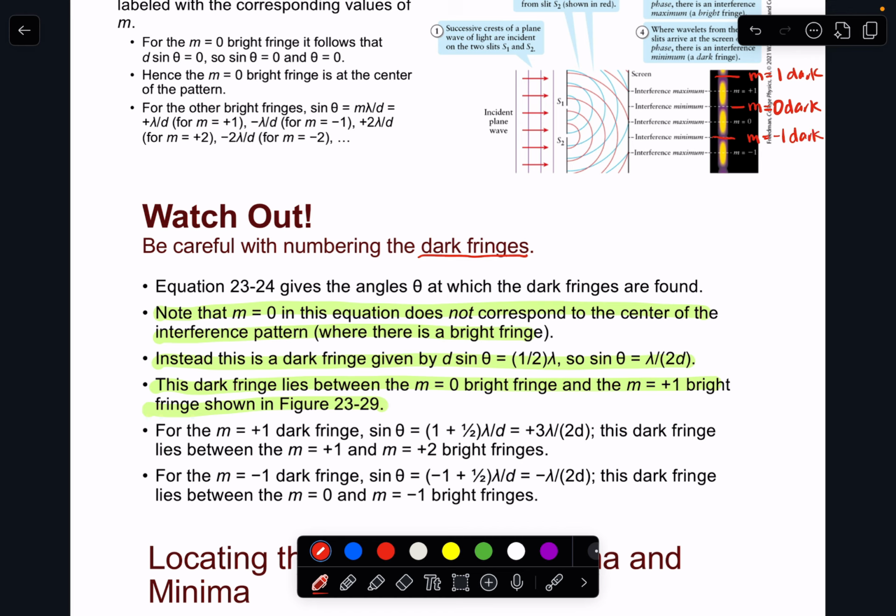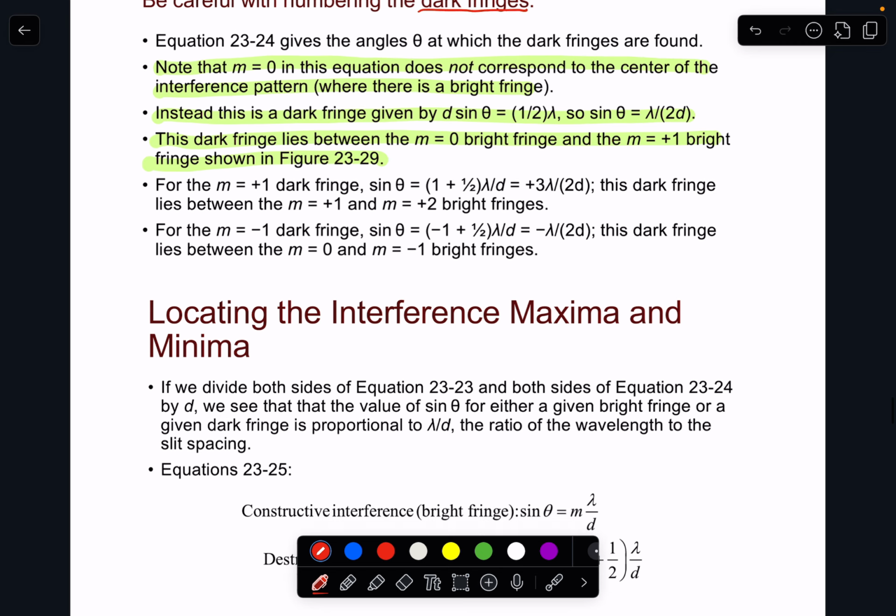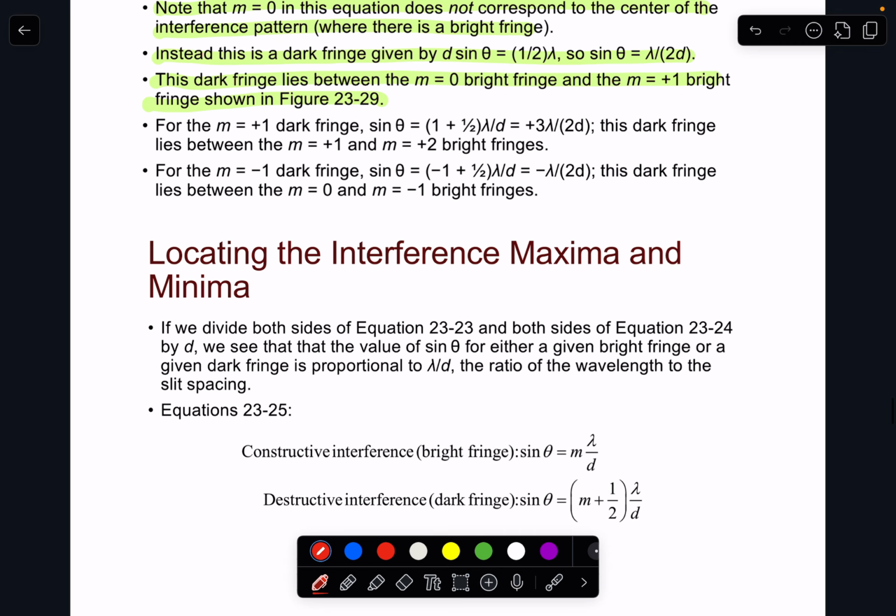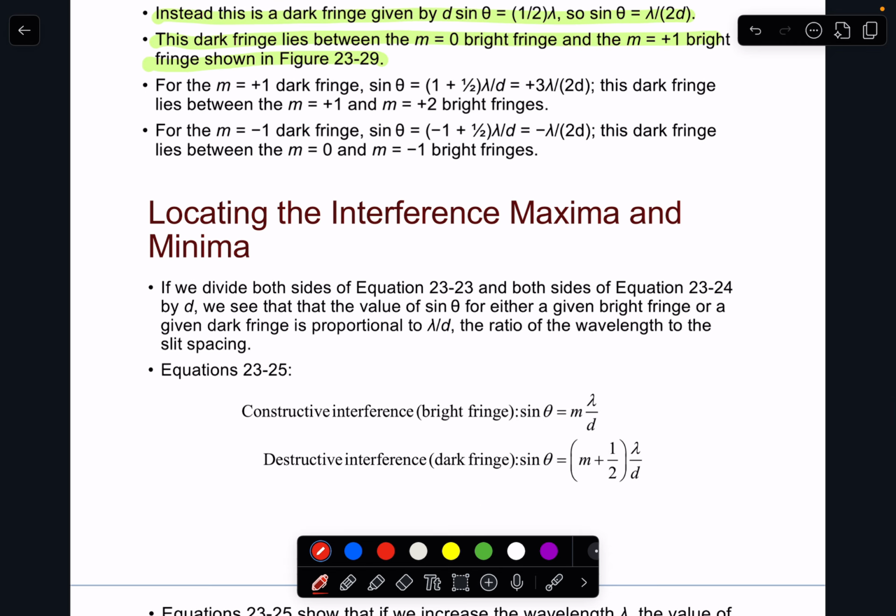And you can find those by just solving for the angle, right? If you get an angle that's positive, well, then it's going to be m plus 1. If you get an angle that's negative, it'll be m minus 1, right? Because negative angles go down this way, positive angles go up this way. So locating the maxima and minima, right? We can rewrite those equations and just move the d over.